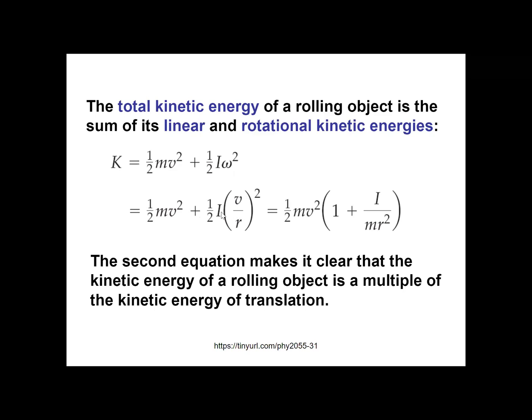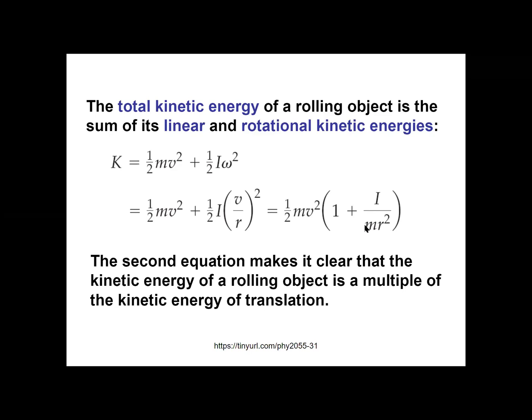Now you can see, for the moment of inertia, you can rewrite this. If you single out 1/2 mv squared, then it becomes 1/2 mv squared times (1 plus I over mR squared).